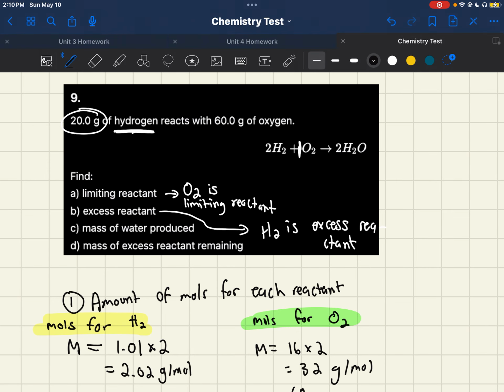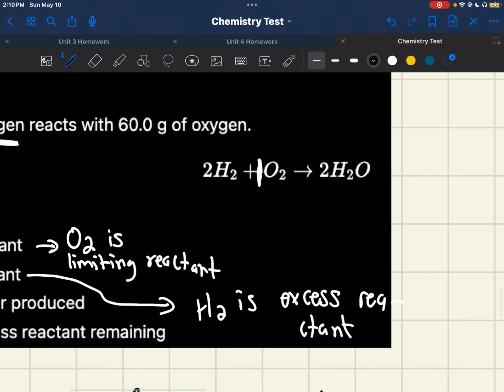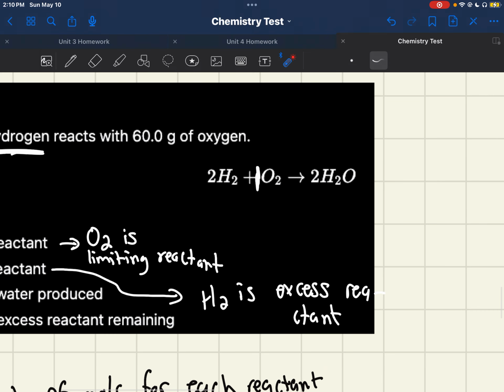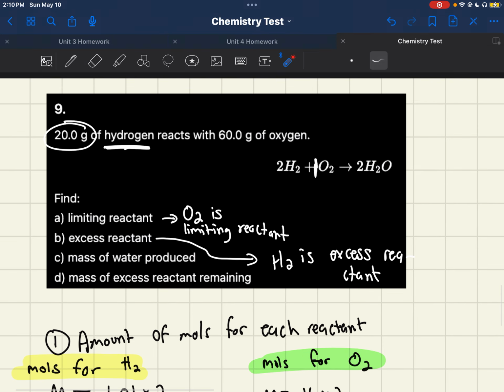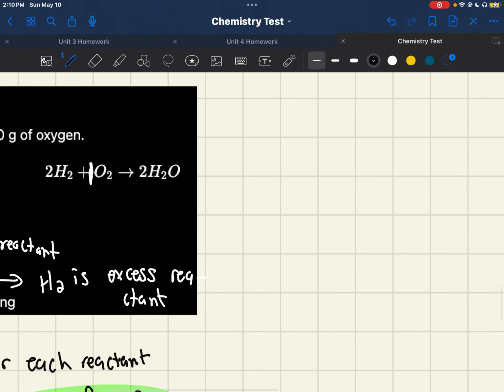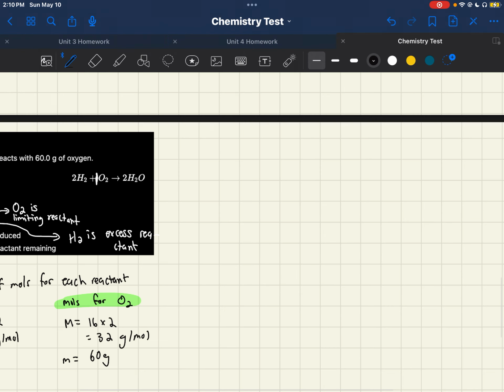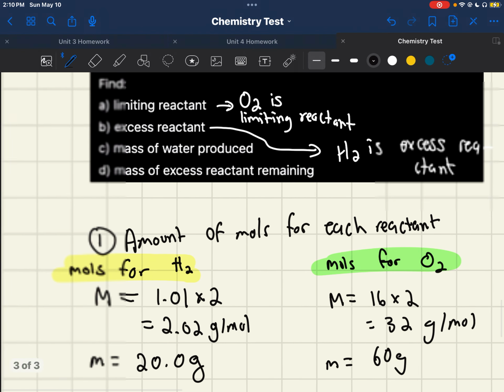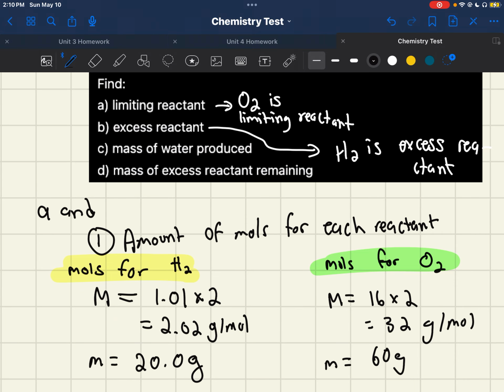So you take whatever mole you have for the limiting reactant. You have to always use the limiting reactant when finding these answers. So that would be oxygen, right? So that has a stoichiometric coefficient of 1, and then the water has a 2. So this is question A and B, right?